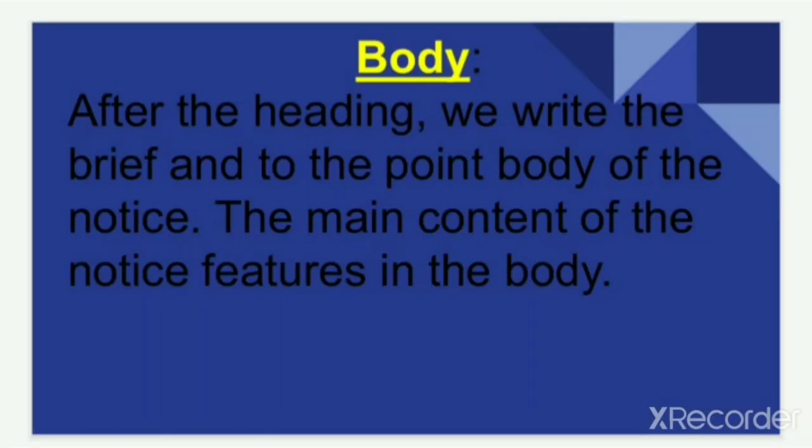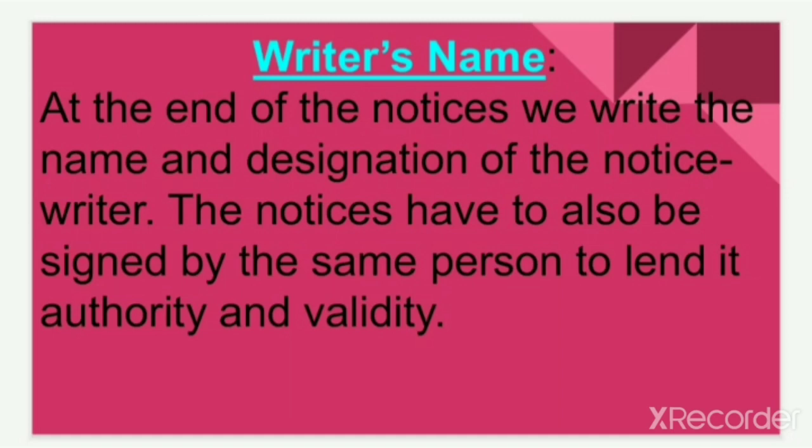Children, after the heading, we have to write a body. After the heading, we write the brief and to-the-point body of the notice. The main content of the notice features in the body. So we have to write the body as the main part. What is the purpose that we have to mention in the body? After the body, we have to write the writer's name.